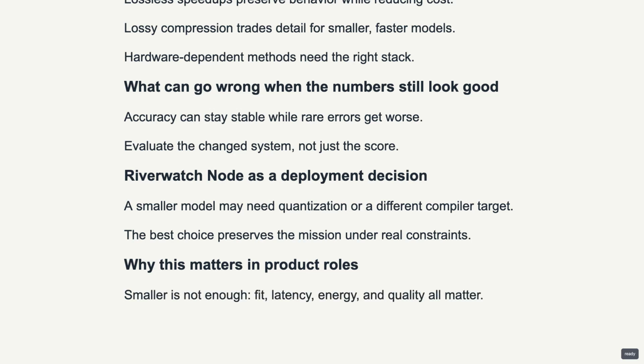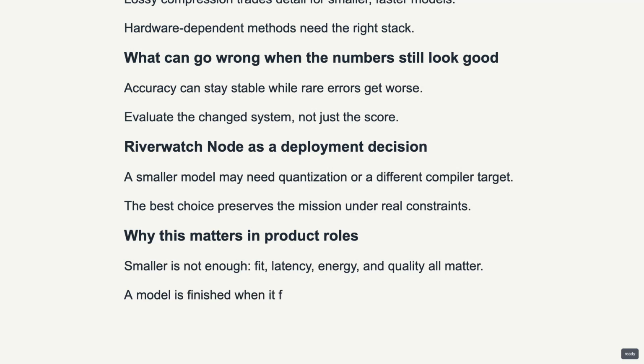The device still has to meet memory and timing targets, stay within power limits, and avoid introducing new compatibility problems. A model becomes product ready when it fits the hardware, survives real operating conditions, and still serves the cases that matter most. Accuracy alone does not finish the job.